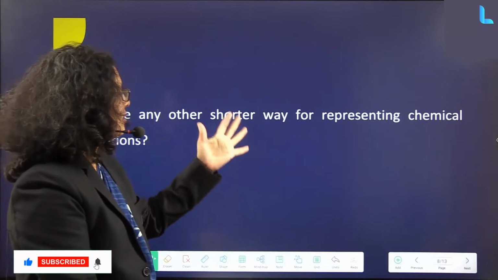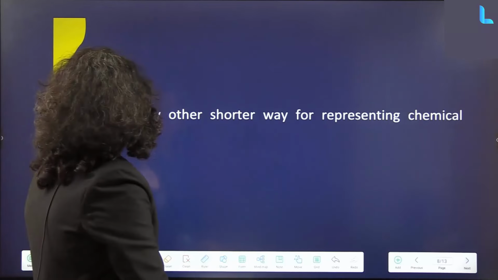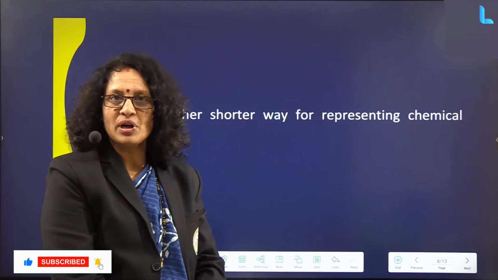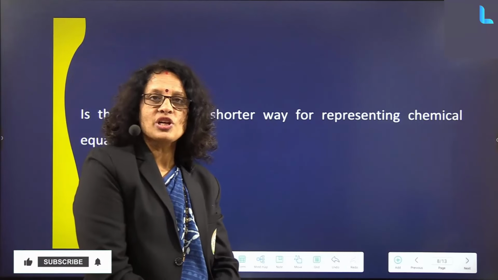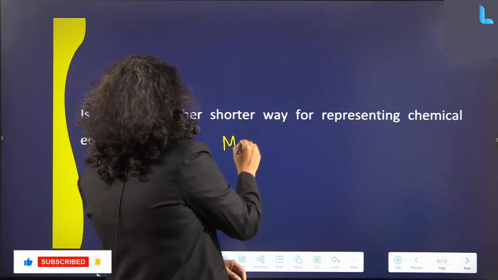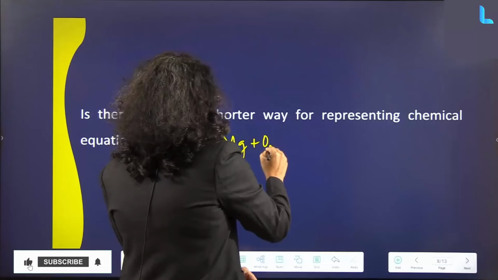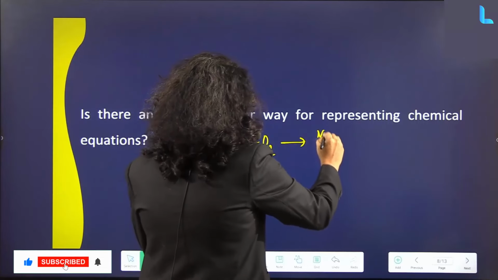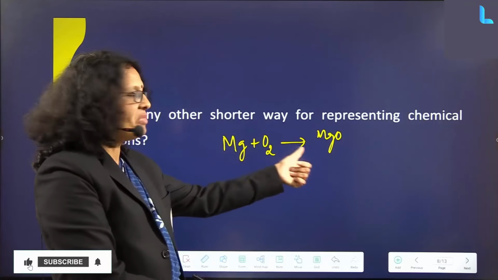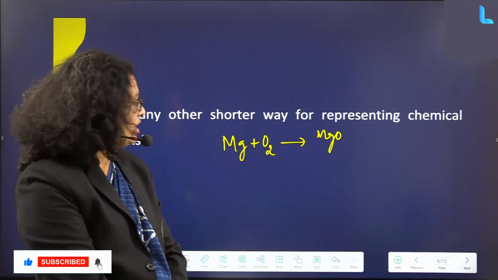Is there any shorter way of representing a chemical equation? Yes, if we write in the form of symbols, we can represent the equation in a shorter way. For example, magnesium plus oxygen gives MgO, magnesium oxide. If you know the symbols, you can write it very fast.